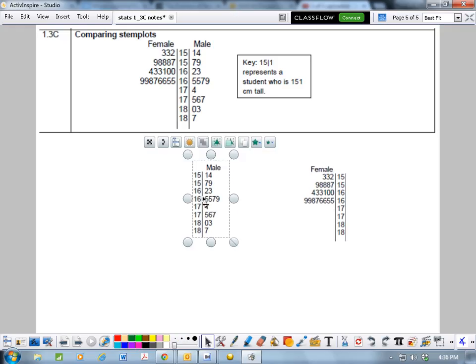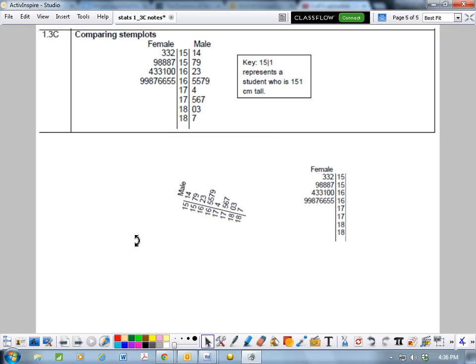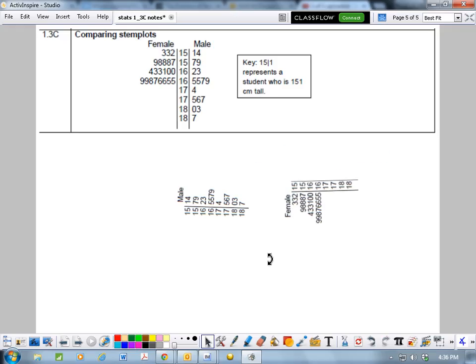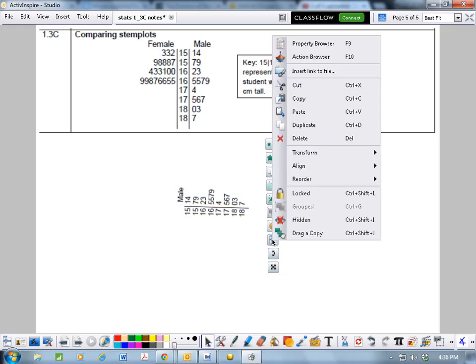And so what I want to do is turn this so I'm getting those numbers in kind of a number line order. So I'm going 15, 15, 16, 17. So it looks like that. That way I can read that distribution. Now with females, it's kind of weird because not only do I have to turn it so it's numerical, but now it's upside down. So now somehow I'm going to try and flip that.